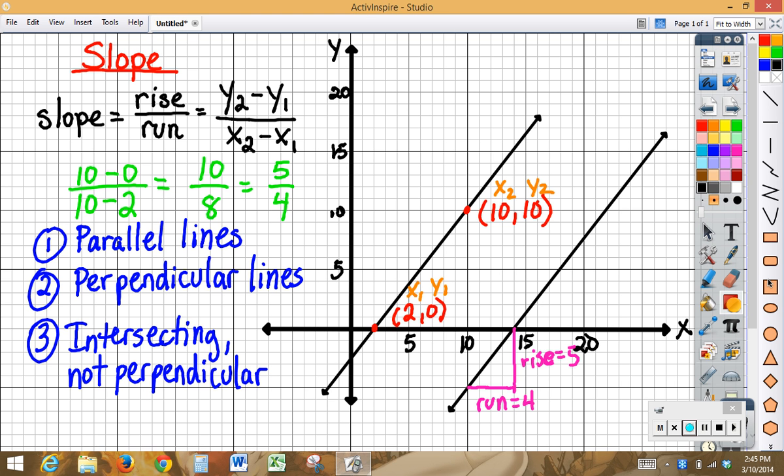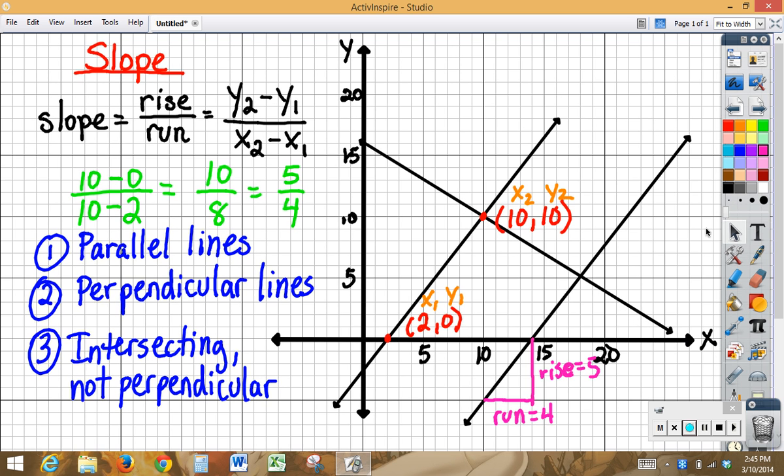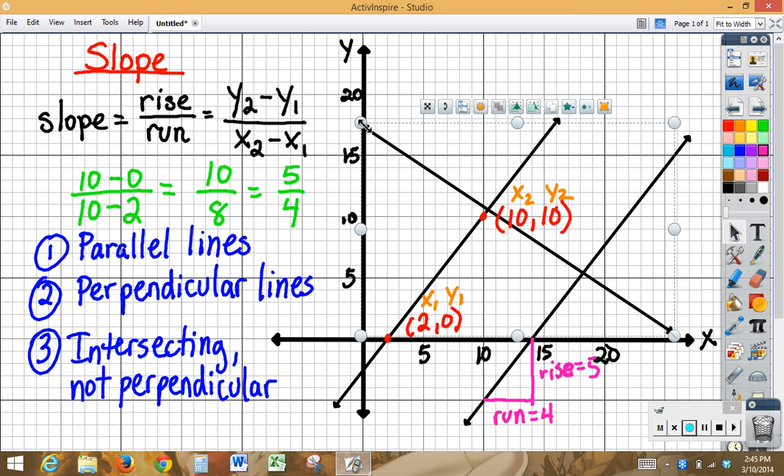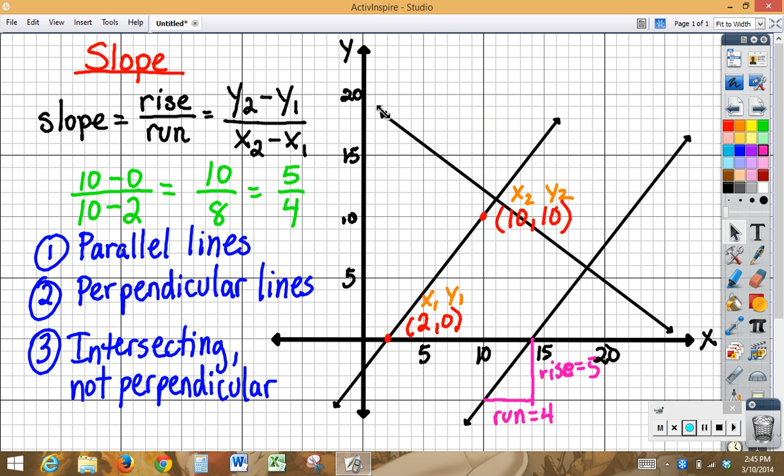Alright, so I'm going to draw a perpendicular line. I'm going to draw it through this point if I can. I can. That's not quite perpendicular. Let's fix that. And now it's not through that point. But let's get it perpendicular, and then I can get it through that point.